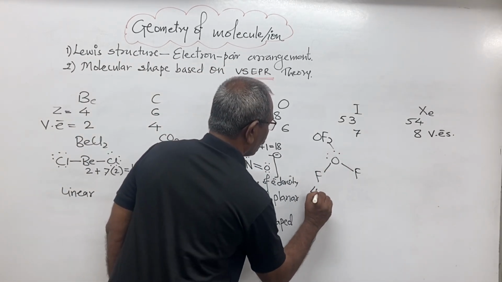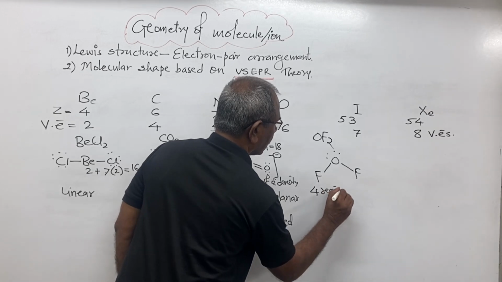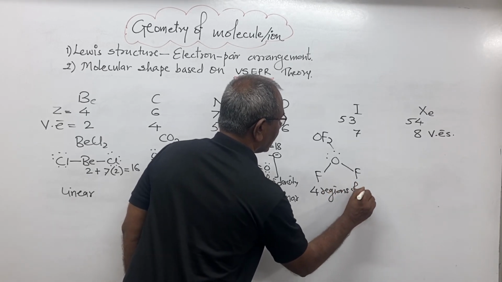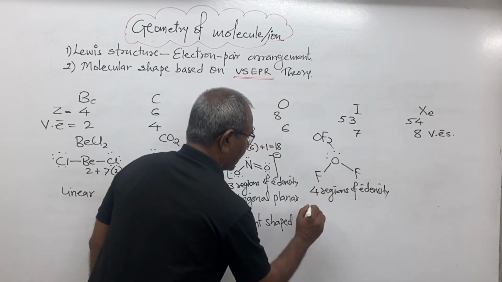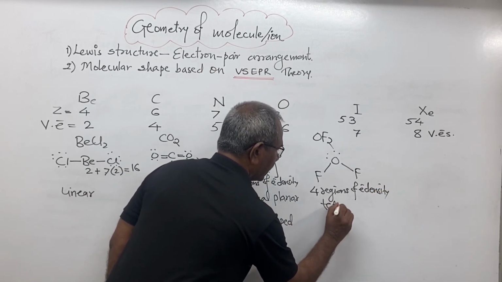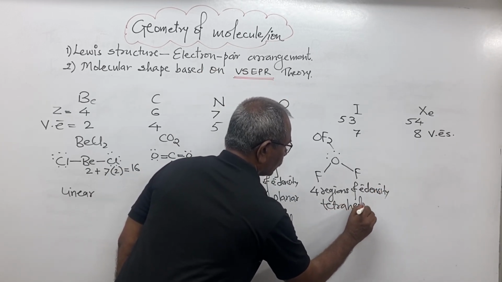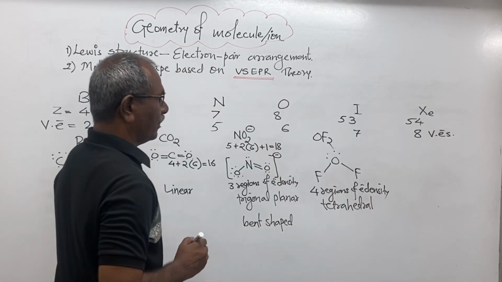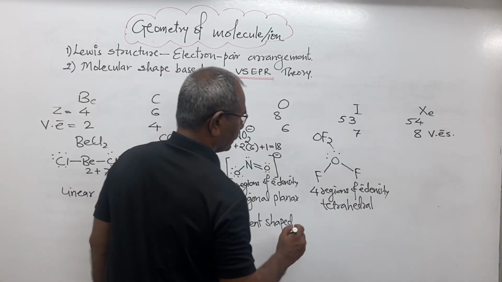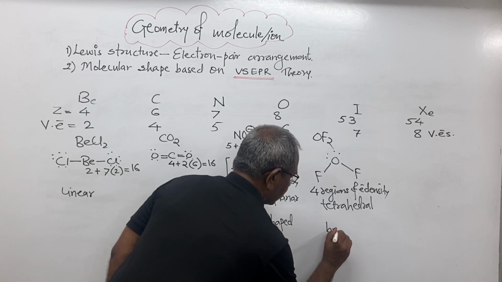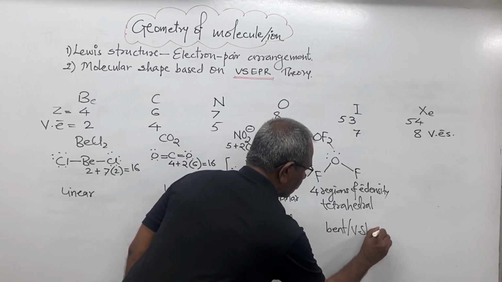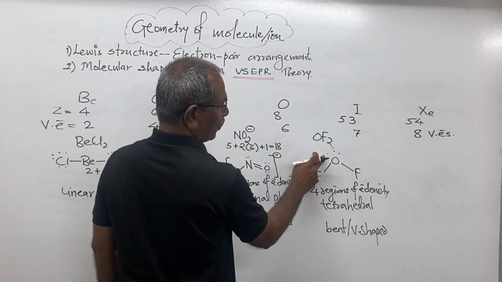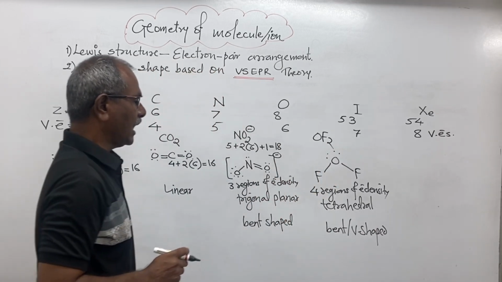So it has 4 regions of electron density. So it has a tetrahedral electron geometry, but actually this molecule has a bent or V-shape due to the presence of 2 lone pairs on the oxygen atom.